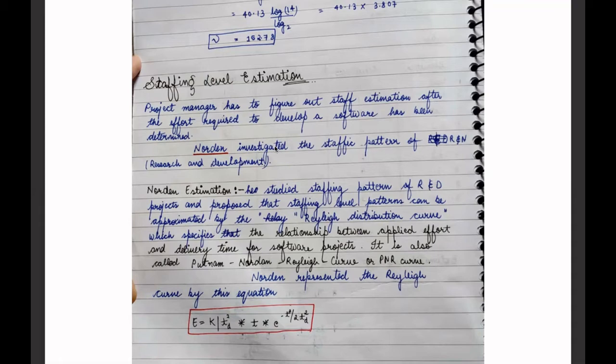Staff level estimation. Putnam first studied the problem of what should be a proper staffing pattern for software projects. In order to appreciate the staffing pattern of software projects, Norden's and Putnam's results must be understood.